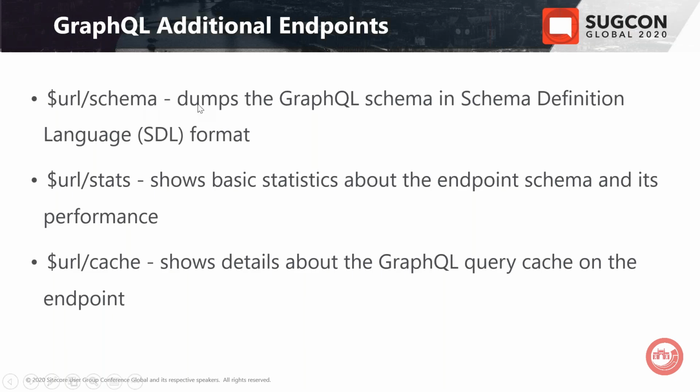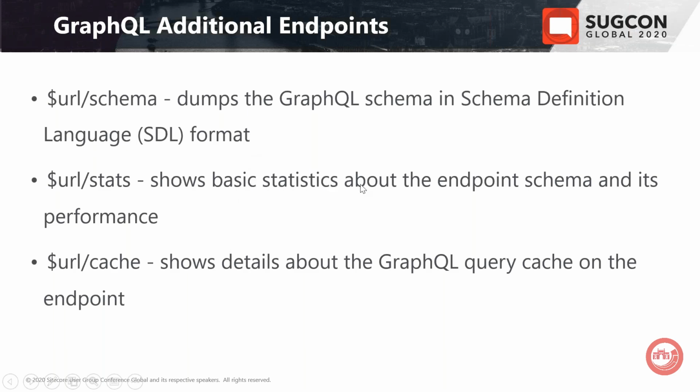What slash schema does is it dumps all the schema which is there as per what we have written as part of Sitecore. It dumps it in a format called SDL, the schema definition format.